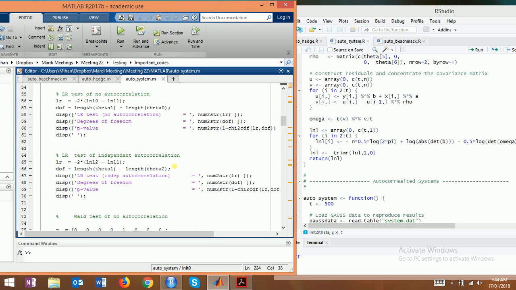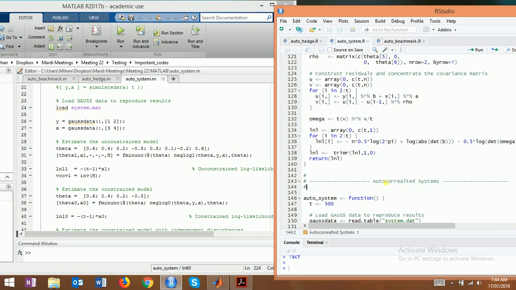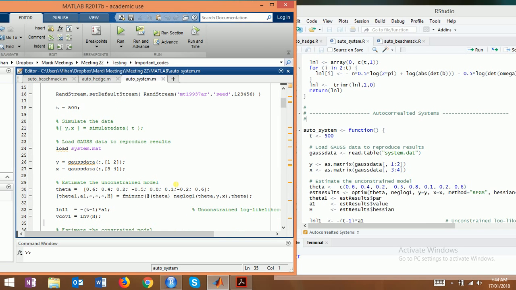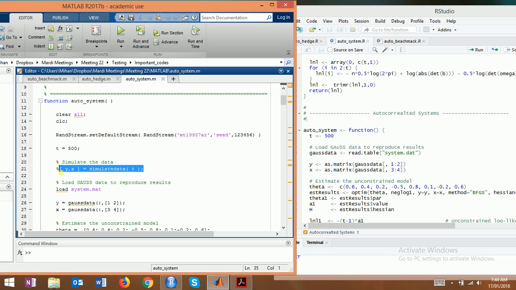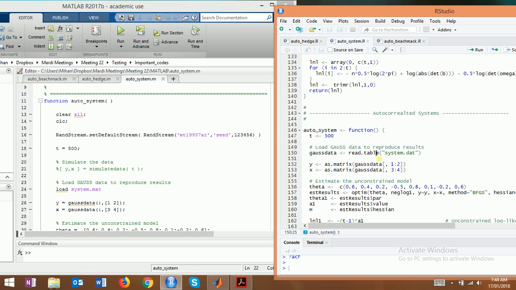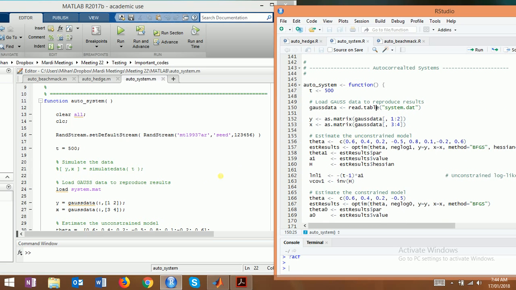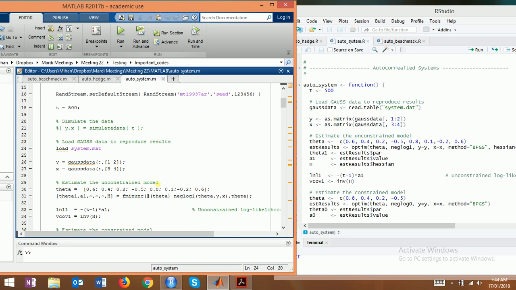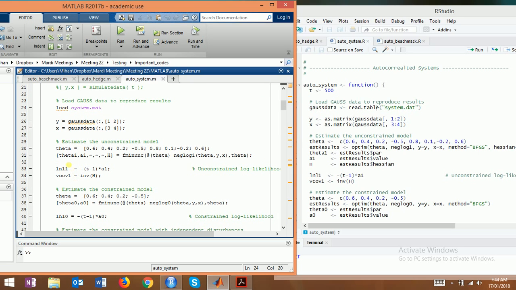Then we go to our main program. We can either run simulate data or Gauss data. Here in R we didn't do the simulate data. I would generally do the simulate data, so I would create a simulate data function in R and then we'll do it. I'll just ask the system to use the simulated data. Then our Gauss data simply loads from the system.